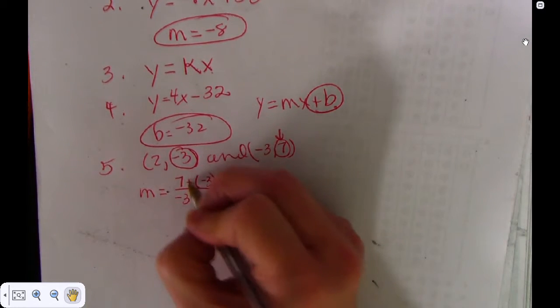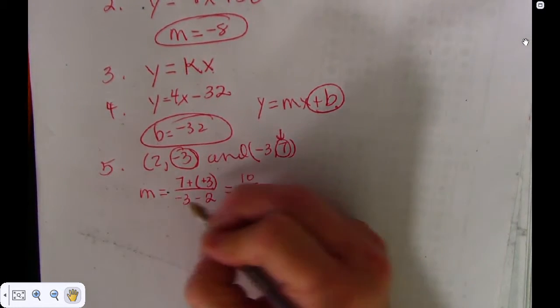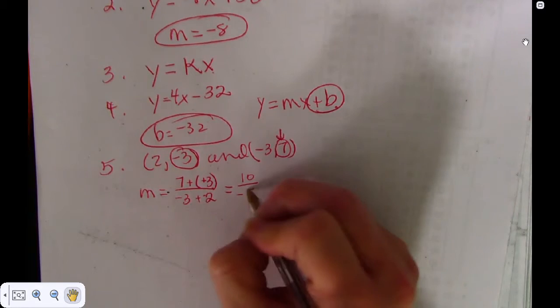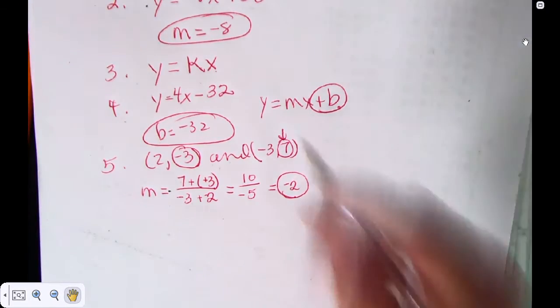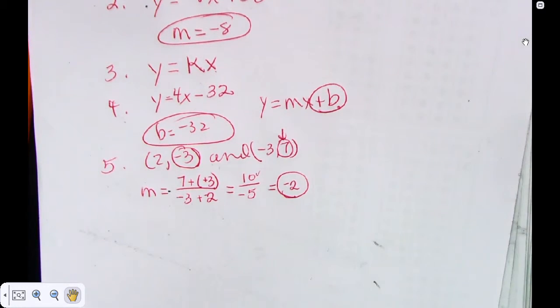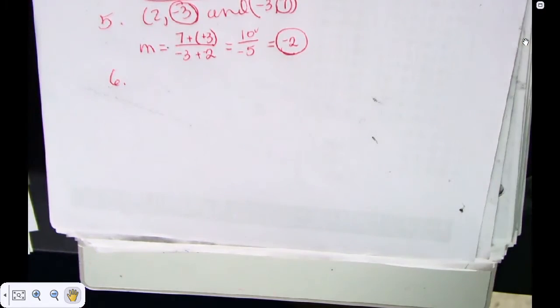I'm going to keep, change, keep, change, and that's going to give me -2. Guys, I have people that got this right to this far and then put -1/2. And you've got a calculator. That's what bothers me. You got everything right but the answer.